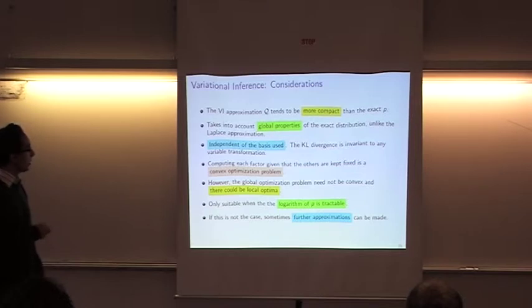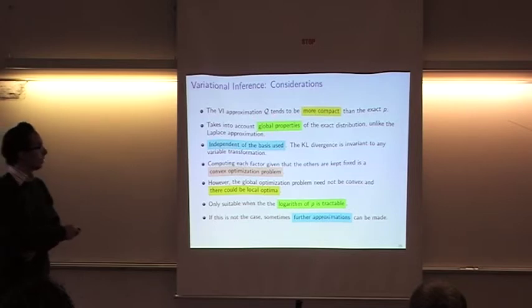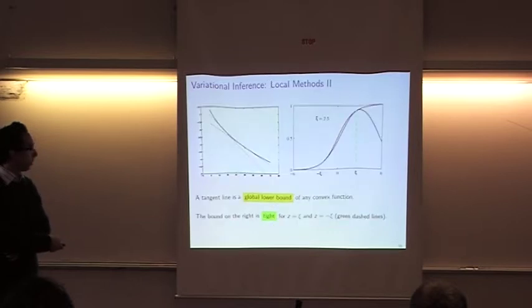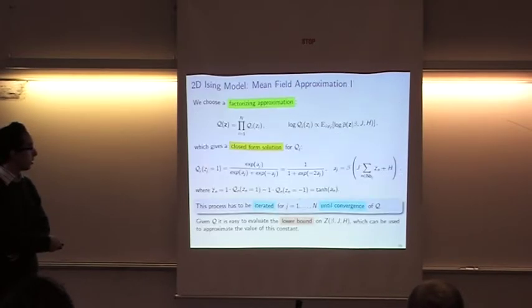So, some considerations of this variational inference method. Basically, the approximation produced by variational inference is going to be more compact than the exact posterior distribution. We saw this in these plots.